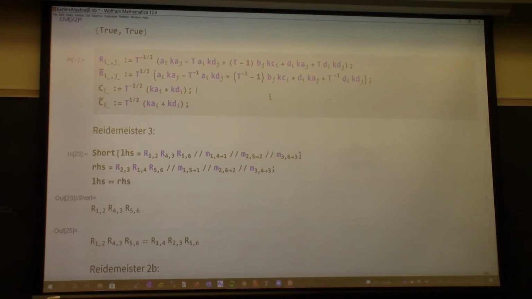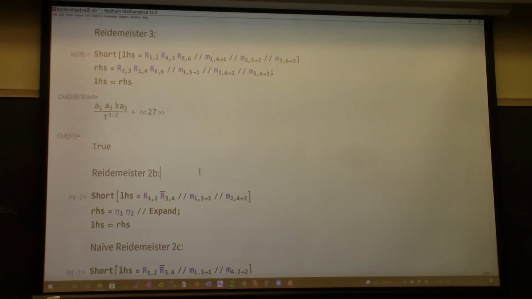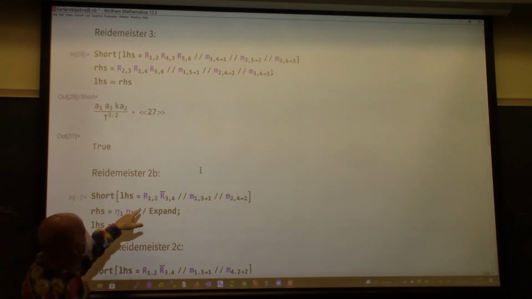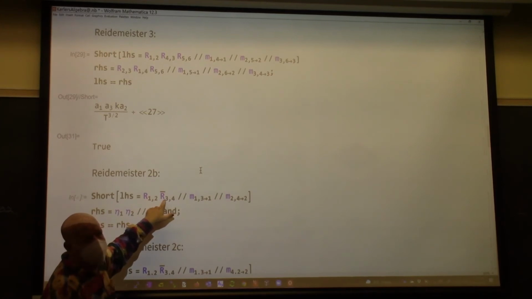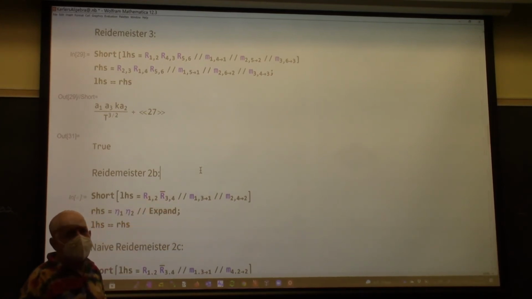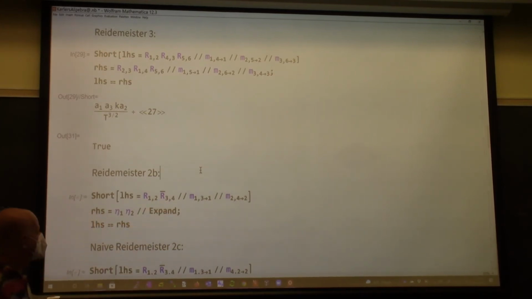No, I forgot to execute this. Sorry. So now you do. Likewise for the braid-like Reidemeister 2, which is essentially asking whether R is the inverse of R bar. Yes? For Reidemeister 3, there are also multiple Reidemeister 3s that we would actually have to check.